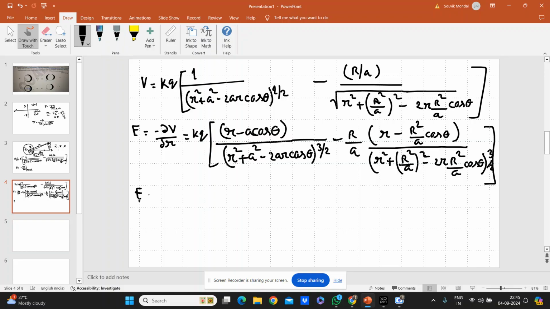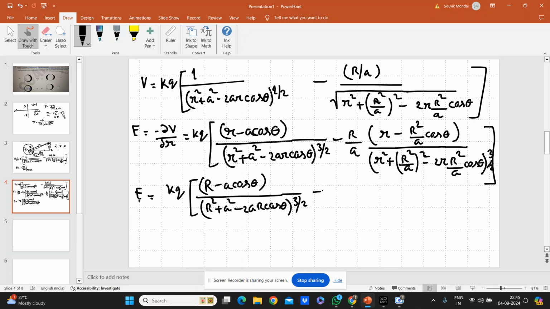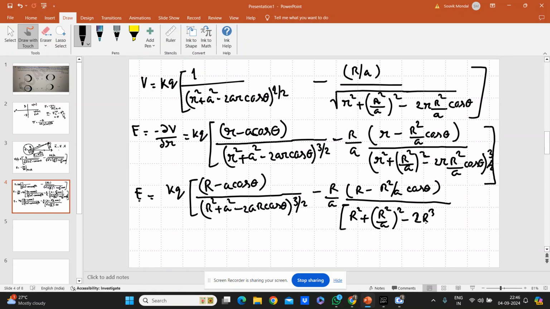Now put r is equal to R. So in place of small r, I am now putting capital R. So r minus a cos theta into r square plus a square minus 2ar cos theta to the power 3 by 2, minus r by a into r minus r square by a into cos theta, divided by what you have here: r square minus r square by a whole square minus 2r cube by a cos theta to the power 3 by 2.